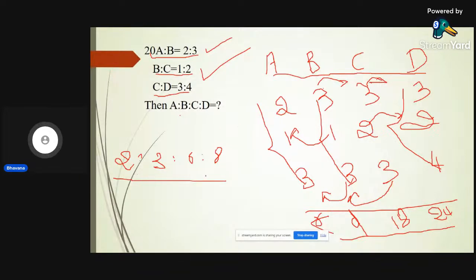Okay. Just write the A, B, C and D values. First, in one line, substitute the A, B value. In the next line, substitute the B, C value. Next, in the third line, you can write the 3 and 4, that is the C is to D value.